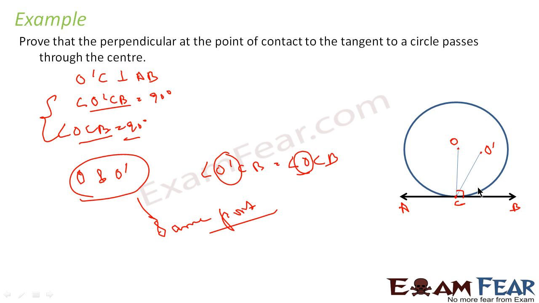To prove that CO dash passes through the center, we assumed that the perpendicular to AB, that is this line, doesn't pass through the center. So we assumed that O dash C is perpendicular to AB, but O dash is not the center of the circle. Then we proved that this O dash is nothing but O only. Correct?